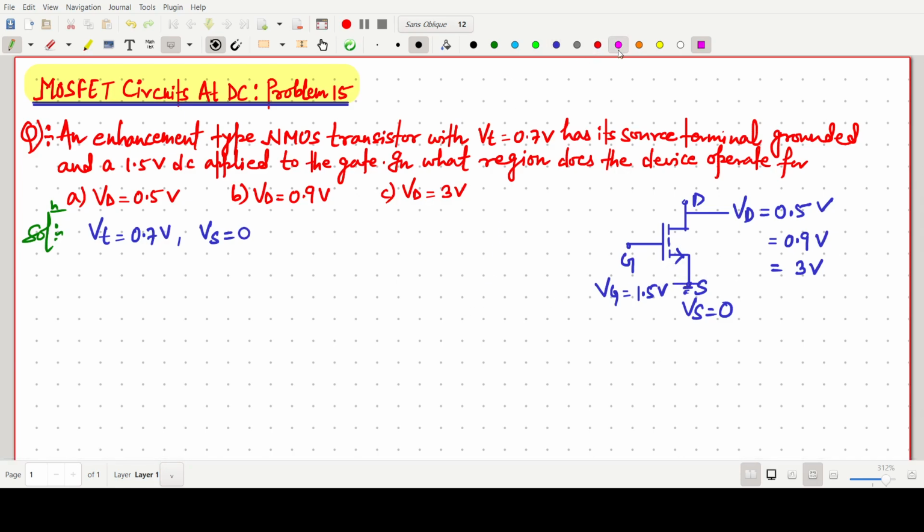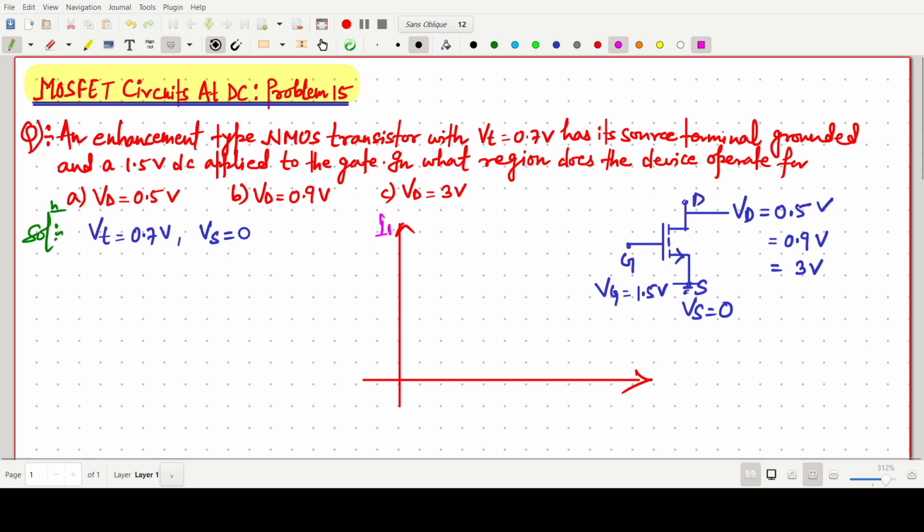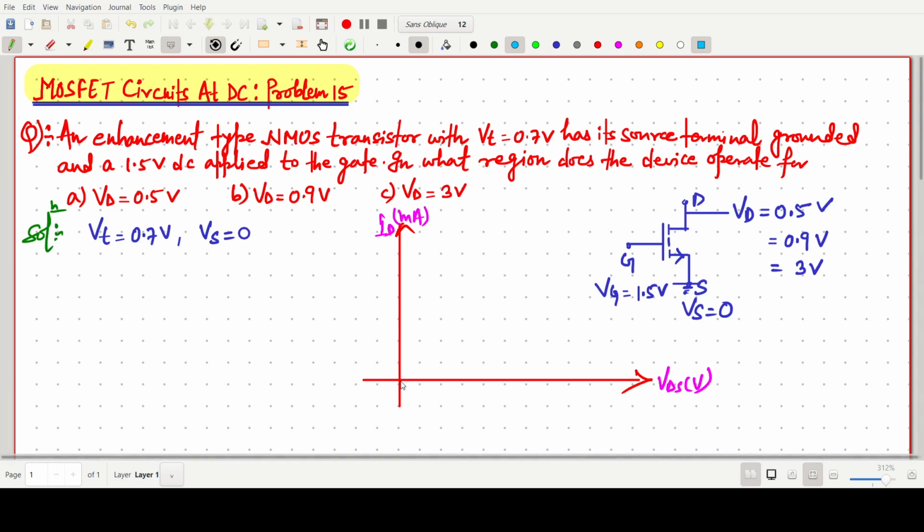Before that, I want to redraw the ID VDS curve. ID in milliampere, VDS in volt. If we plot the ID VDS curve, it will look somewhat like this.